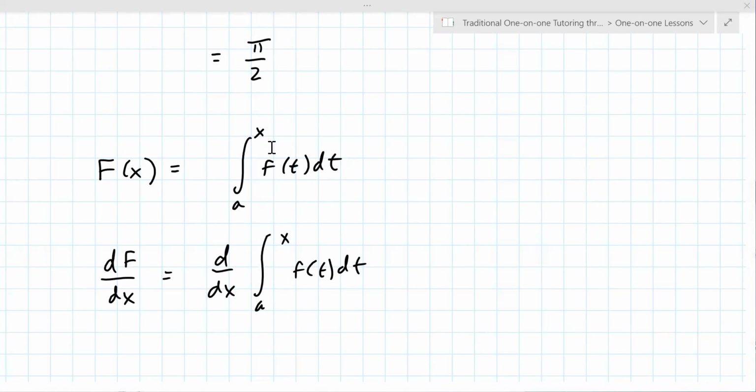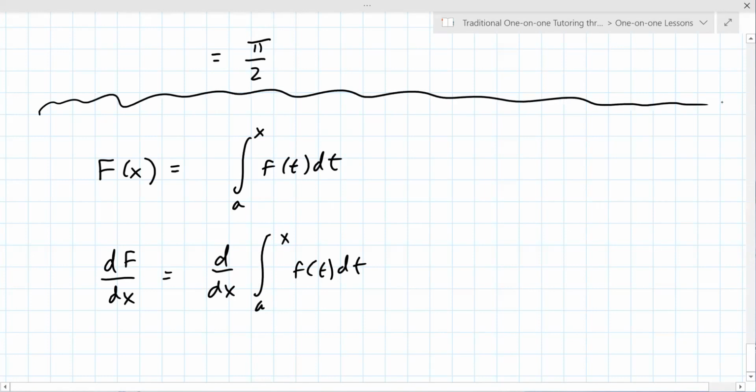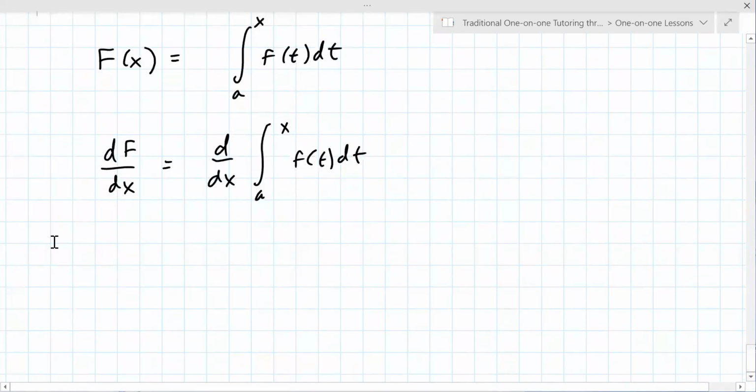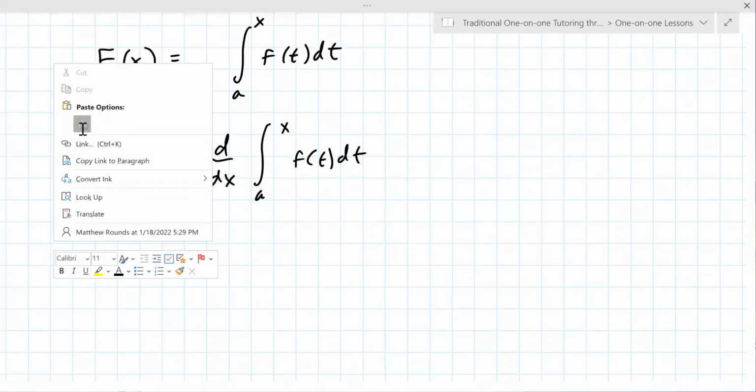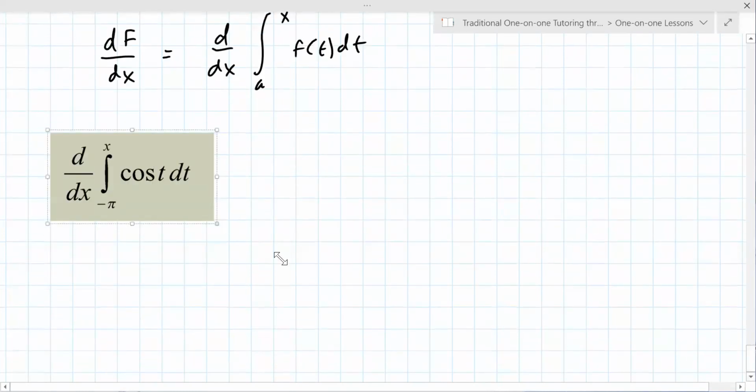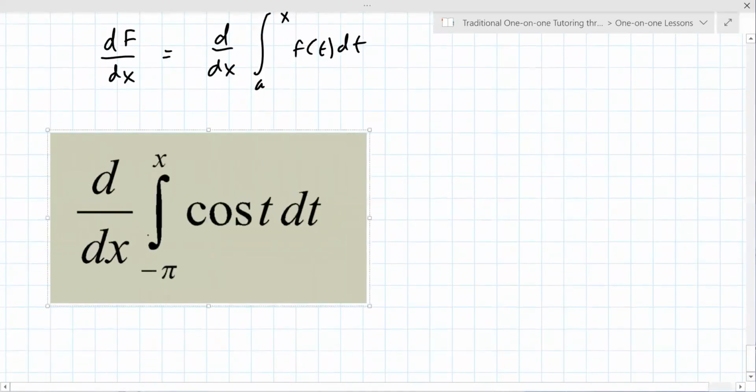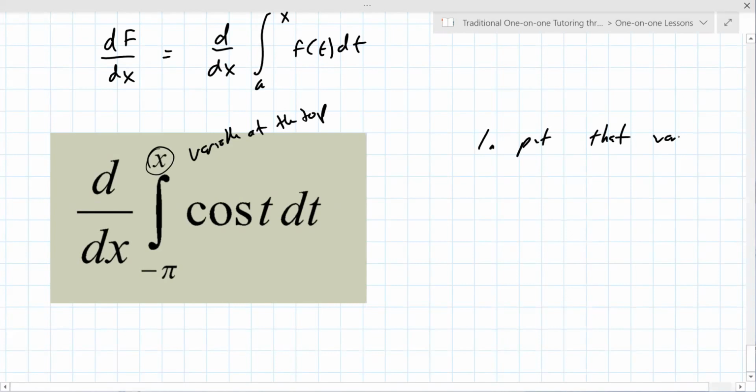Okay. It's more complicated than it looks in actual practice, and I'll go through all the possible scenarios that you might see. So if you see this derivative thing out in front of the integral, the first thing you do is take whatever this top value is, which should be an x. There has to be a variable at the top, by the way. You put that variable, or whatever is there, because it's not always a variable, into the function.